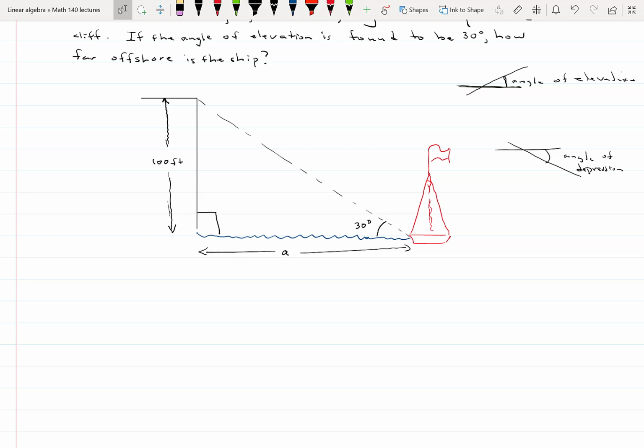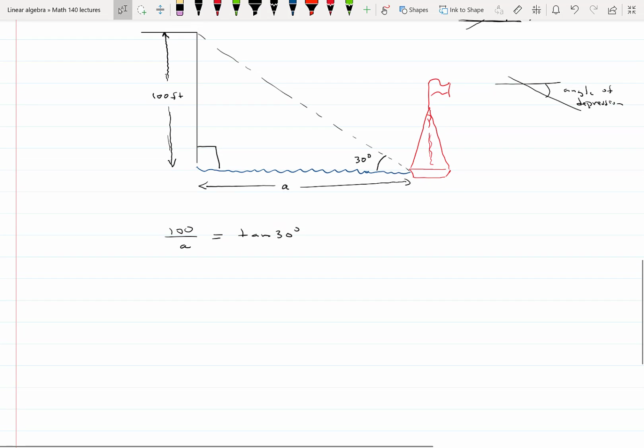If we consider the angle 30, opposite that would be 100, adjacent to that would be A. And what's opposite over adjacent? Opposite over adjacent is tangent.